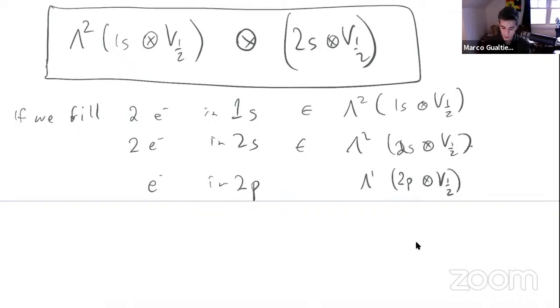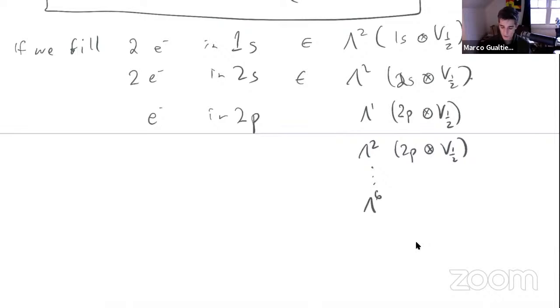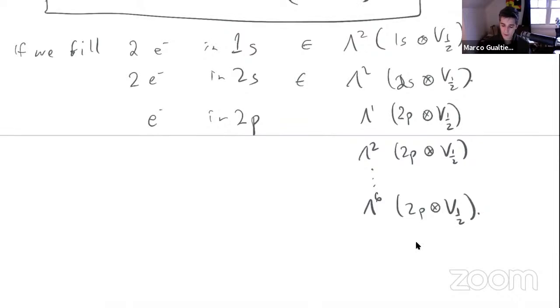So we can put 1, we can put 2, and so on, all the way up to wedge 6 of 2p tensor V1/2. This has dimension 1. This has dimension 3 times 2, so this has dimension 6.